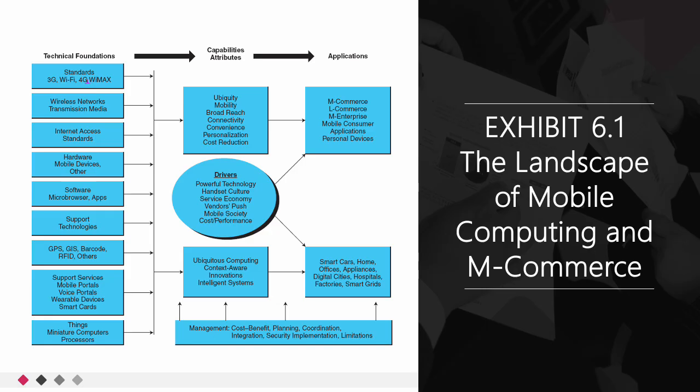Now let's make sense of this mobile computing and mobile commerce landscape. Here in the slide, I know it looks complicated, but it's actually just about how our phones and apps work together to make life smarter. First, let's talk about the technical stuff.